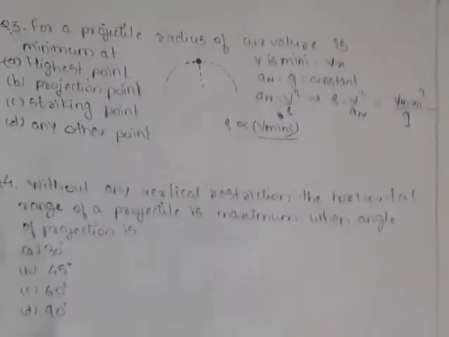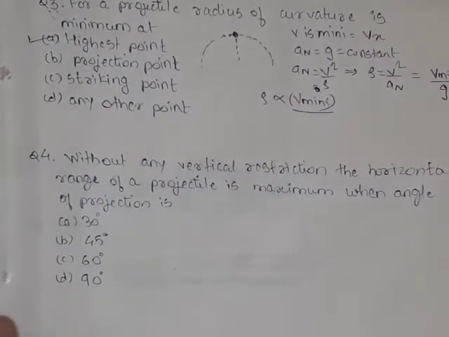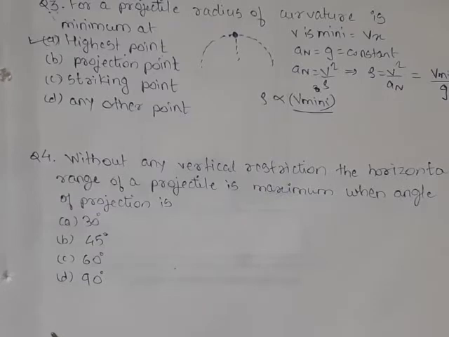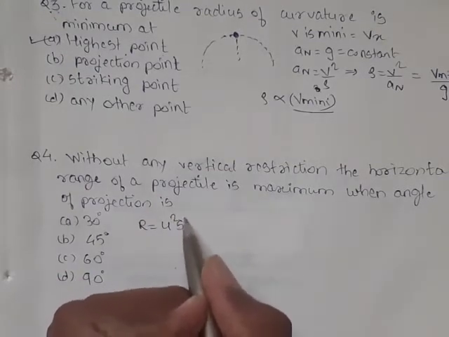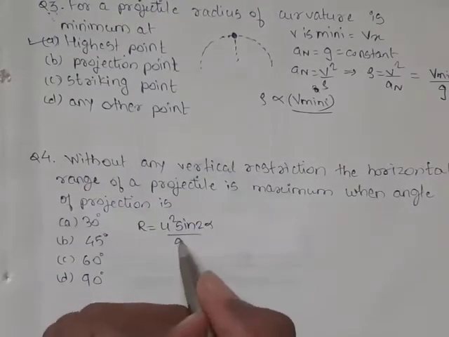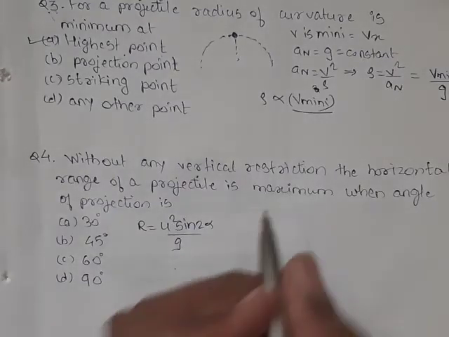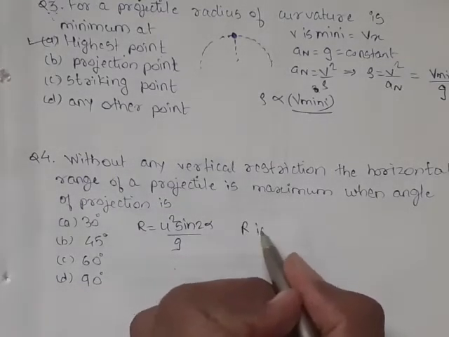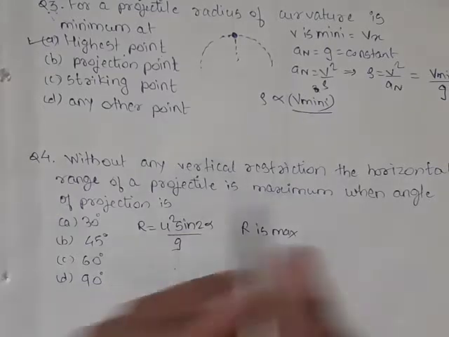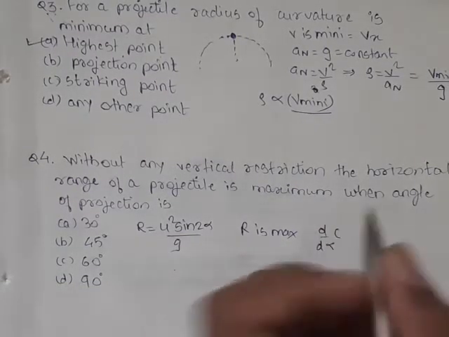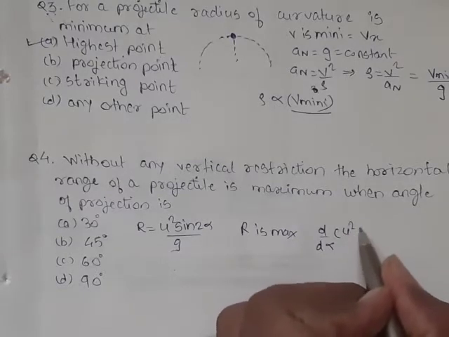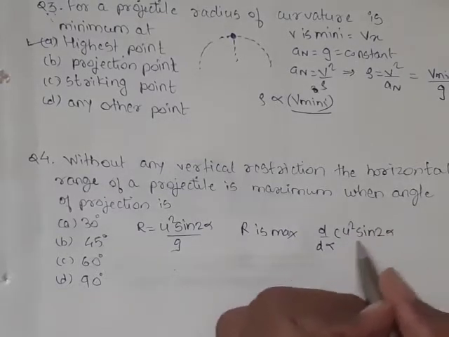Now we'll see question 4. Without any vertical restriction, the horizontal range of a projectile is maximum when the angle of projection is. Now the formula for range is r equal to u square sine 2 alpha upon g. Now we want the maximum value of range. So for r to be maximum, we differentiate the right hand side with respect to alpha: d upon d alpha of u square sine 2 alpha upon g.